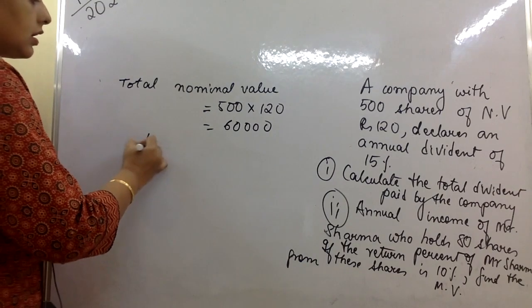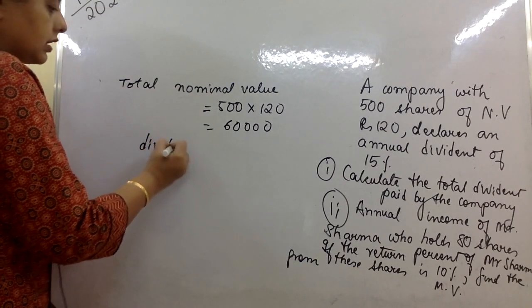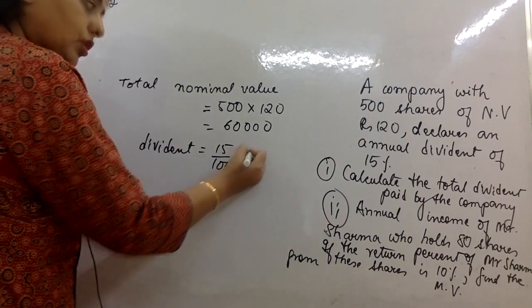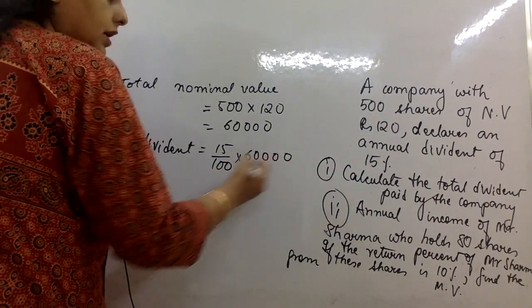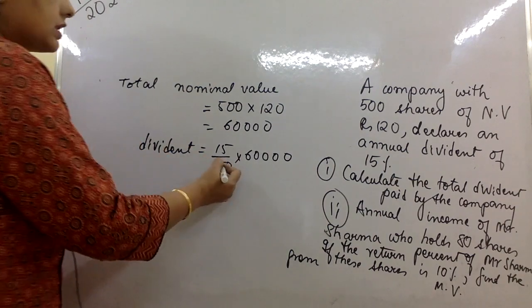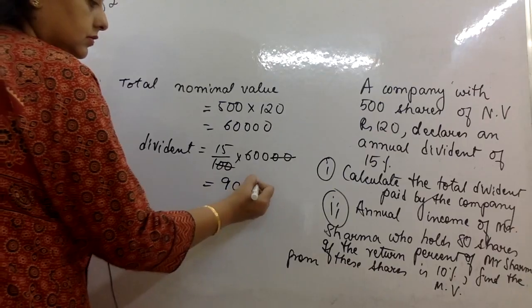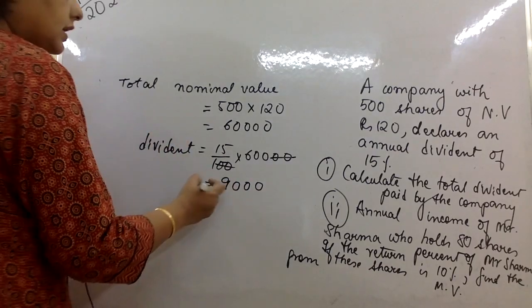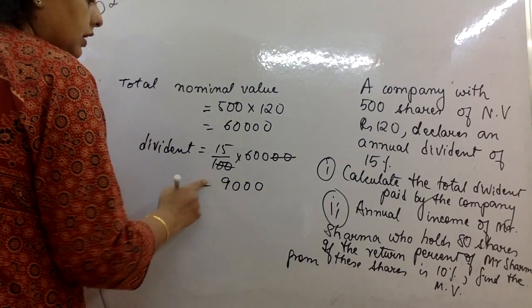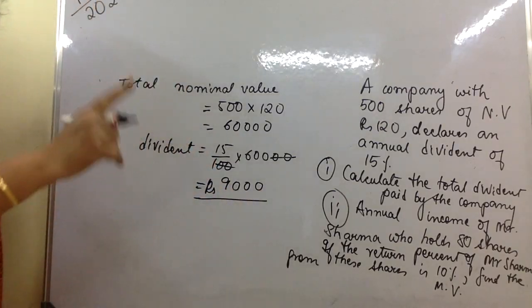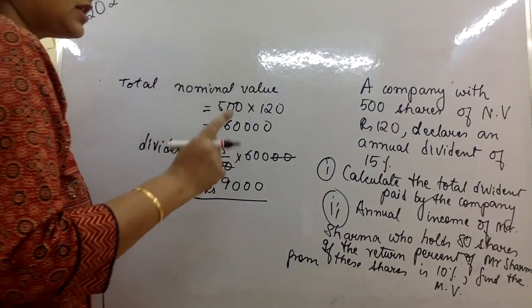Remember, dividend is always calculated on the nominal value and never on the market value. So the company paid a dividend of 9,000 rupees. A total dividend of 9,000 rupees has been paid.